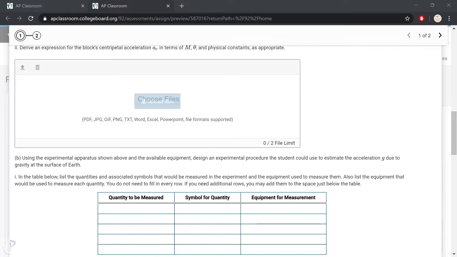Angle: well, I could always use trig to find the angle, right? Use trig or protractor. We don't really like protractors. I'm just going to say use trig, so we don't have to worry about theta.